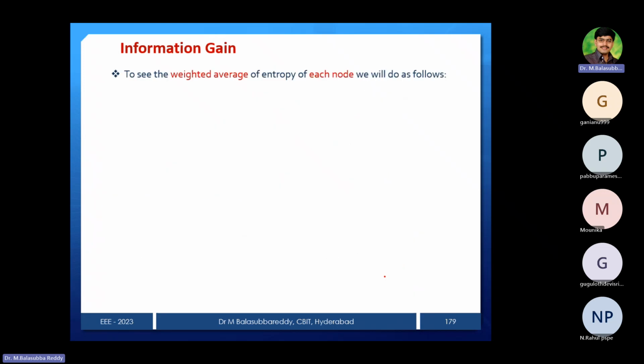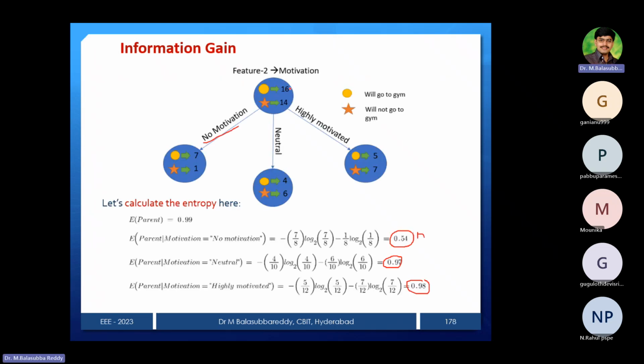Now let's see the weighted average. Here the total is 30, 16 plus 14 out of 30. No motivation is 8 out of 30, neutral is 10, and highly motivated is 12.